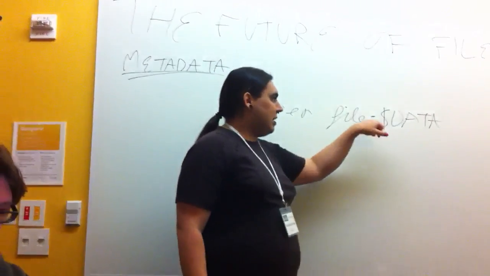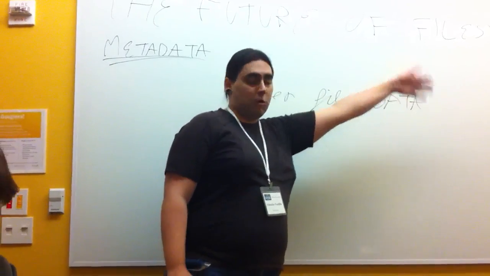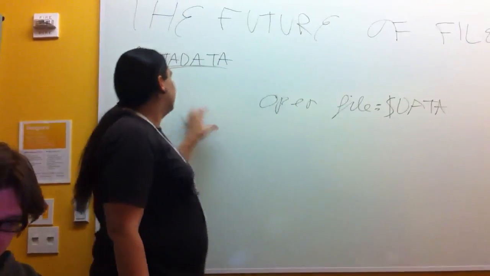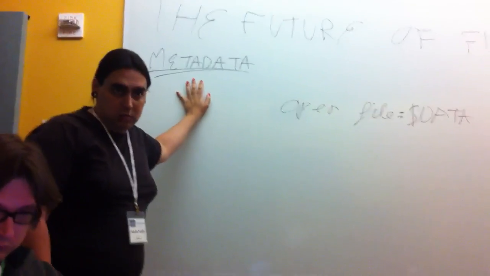You just create a new shell to name the attribute you want to open, and you get that. And the thing about metadata, the problem is that currently there is not a standard about it. So we need a standard.